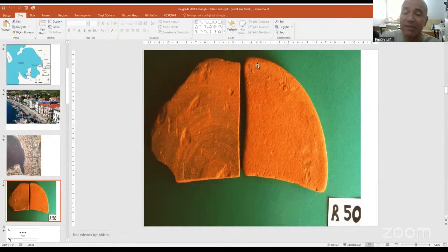But with her studies, we are now perfectly sure that in Fokaya we had wheels. They of course used wheels in different forms, in different periods, in different features, and in different places. We know it very well. She has found in her trenches lots of plates that they used during the process of wheeling the pottery.